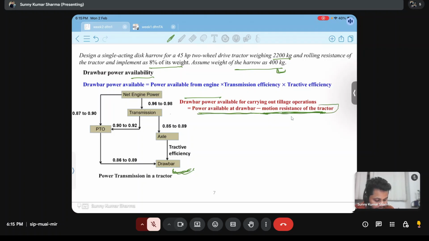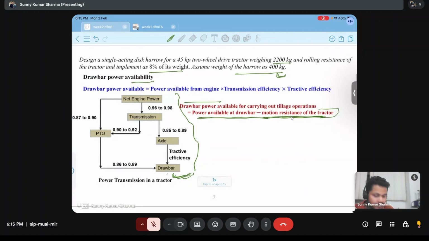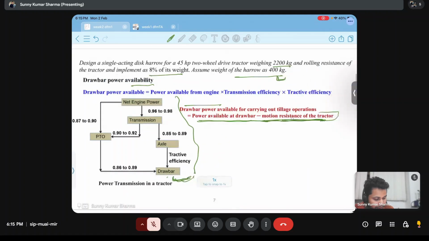And for drawbar power available we have this standard. From engine power to the drawbar we have reduction due to transmission loss, and tractive efficiency and traction loss. Transmission efficiency generally we take as 0.96 to 0.98, and tractive efficiency as 0.85 to 0.89.